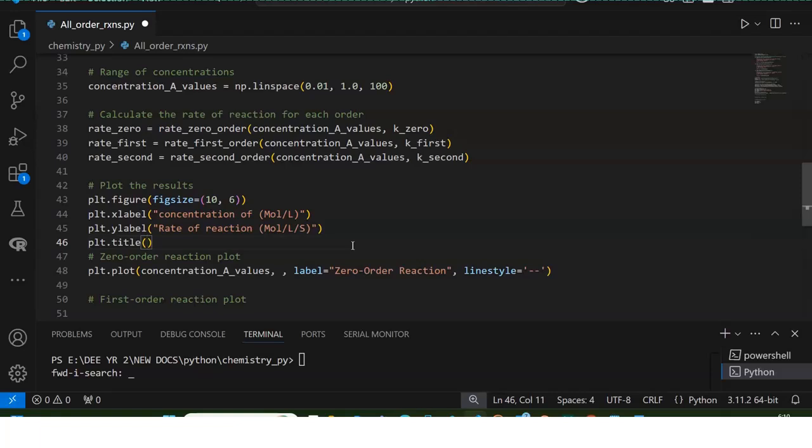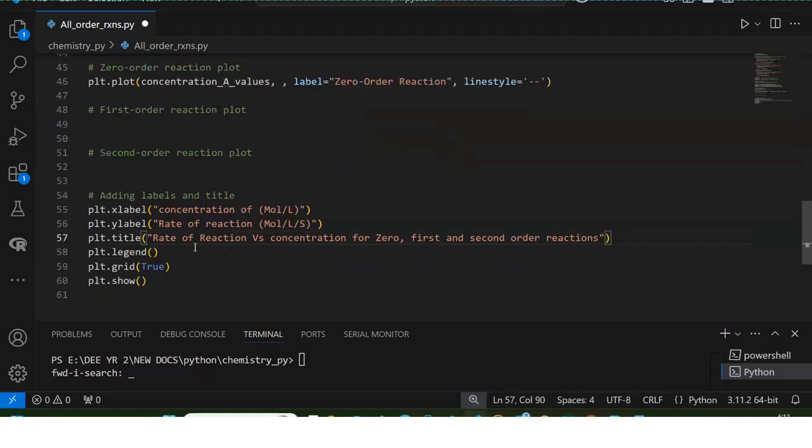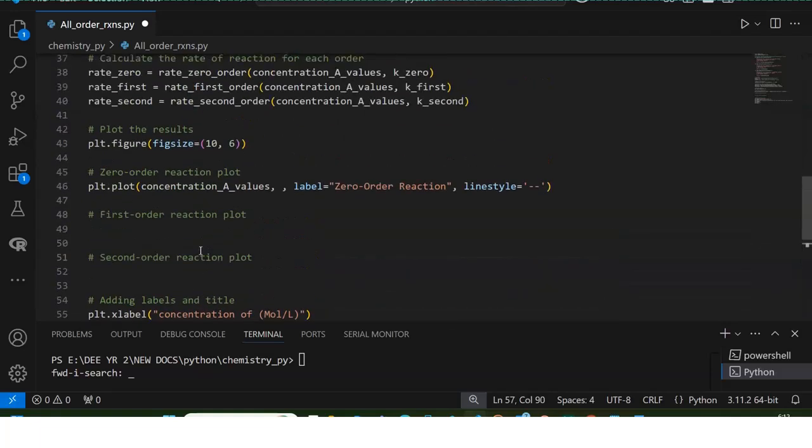What we are going to say is that it's going to be a graph of rate of reaction versus concentration, taking zero, first and second order reactions. So then we first finish here.